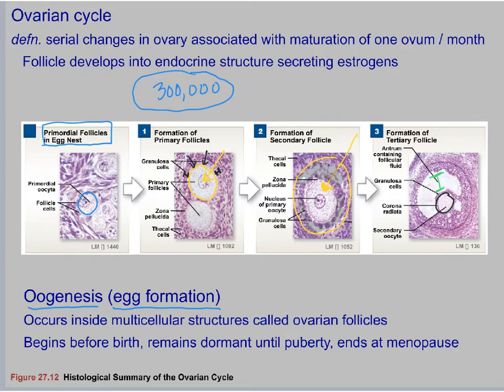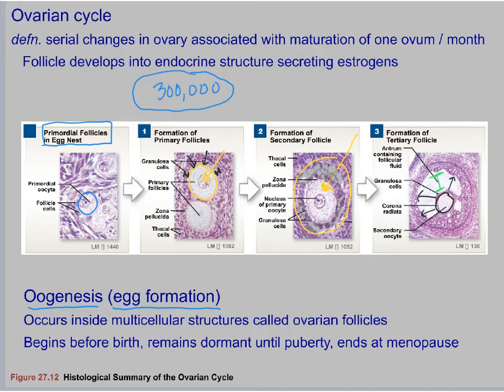So you can see that the oocyte has lost its connection to the wall of the follicle, which makes sense because ultimately we want the oocyte to be released from the follicle. It needs to leave the follicle, and that's called ovulation.